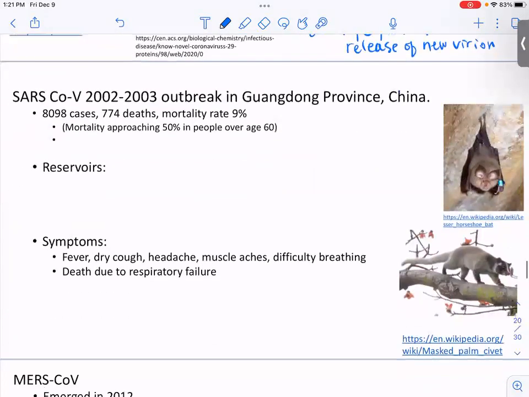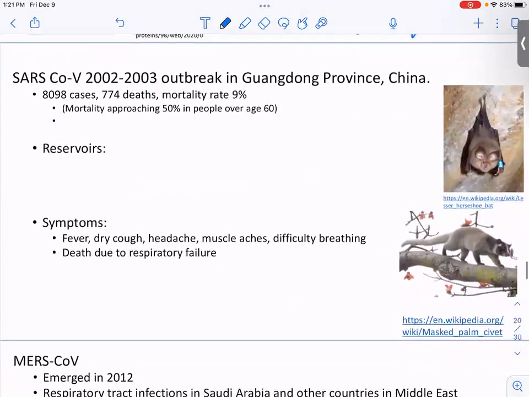All right, so a little brief history lesson about SARS-CoV, severe acute respiratory syndrome. That burst out on the scene in 2002 and 2003. There were about 8,000 cases. And this is an infection that is not circulating anymore.